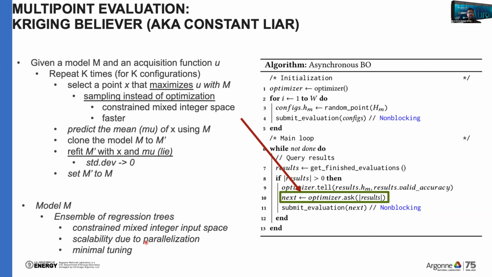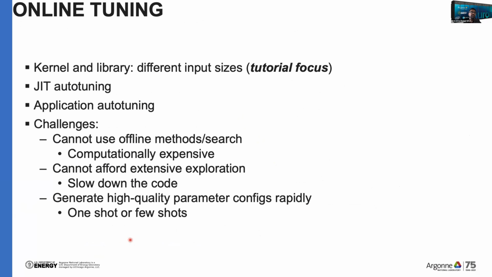Gaussian processes have problems with scalability, whereas regression trees provide really good scalability for model fitting. Note that we have to do this model fitting for each point we want to generate, so this parallelization is key, and it should be fast enough. Regression trees are really good for that, and of course they are often robust and don't require a lot of parameter tuning.